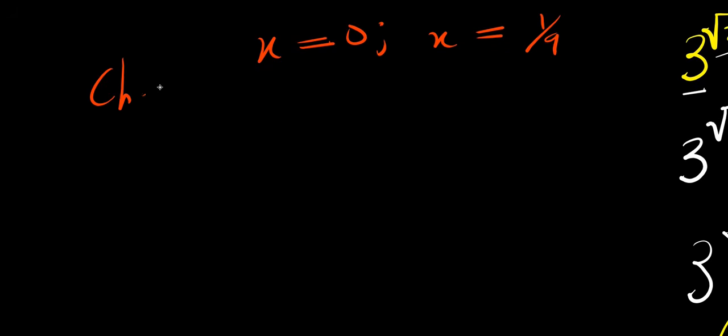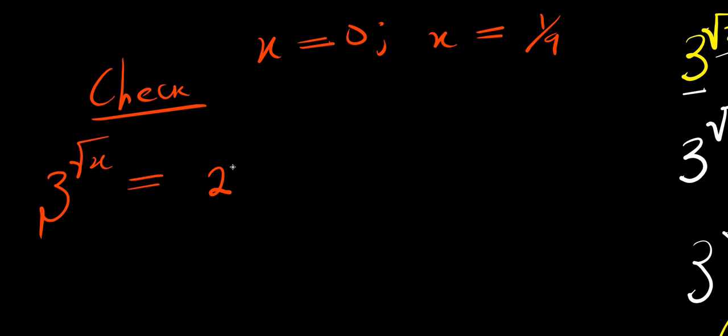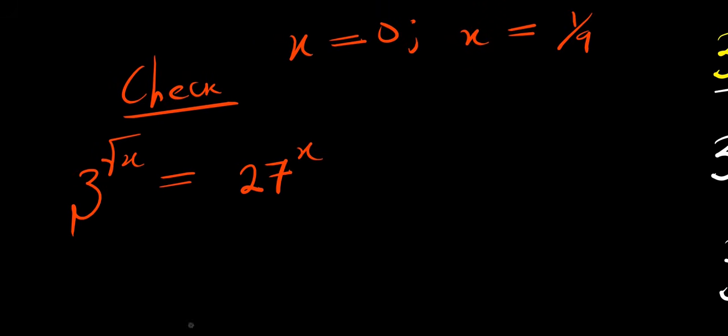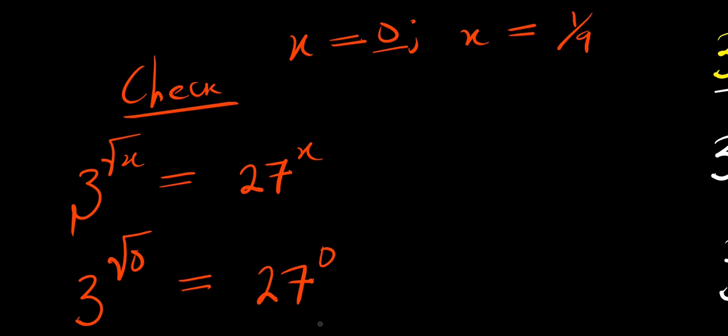You can then check each of the solutions. We have 3 power square root of x equals 27 power x. And we can check when x is 0. That means I have 3 power square root of 0 equals 27 power 0.